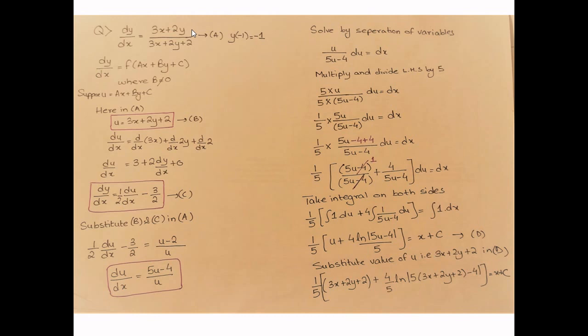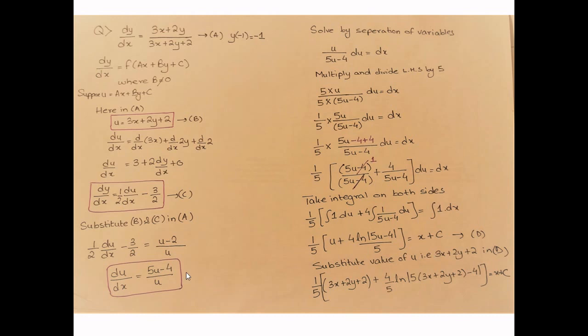You can easily substitute this 3x plus 2y by u minus 2. If you look into equation B, it says that u is equal to 3x plus 2y plus 2. So this can be rearranged and you will get u minus 2 is equal to 3x plus 2y. So I will make all these substitutions in equation A.